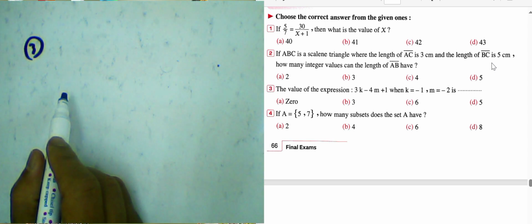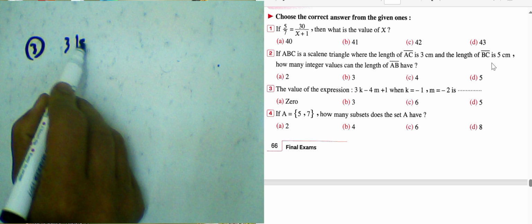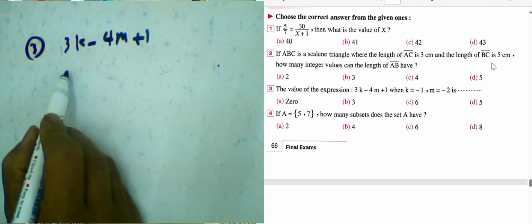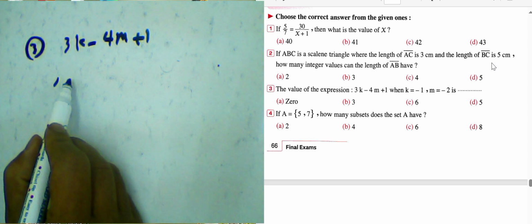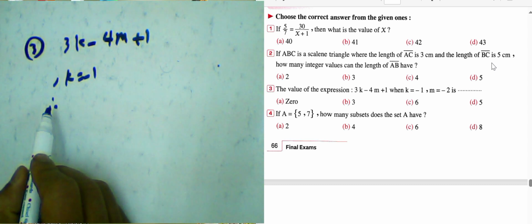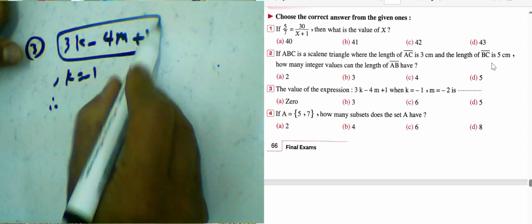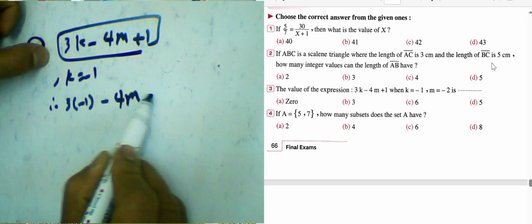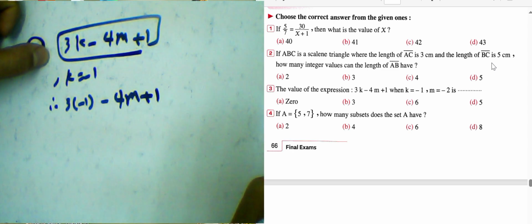Now we will explain question number 3. Find the value of the expression 3k minus 4m plus 1 at k equal negative 1. Put k equal negative 1 in this expression: 3 times negative 1 minus 4m plus 1.